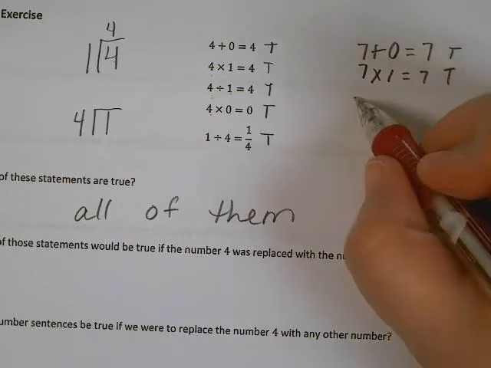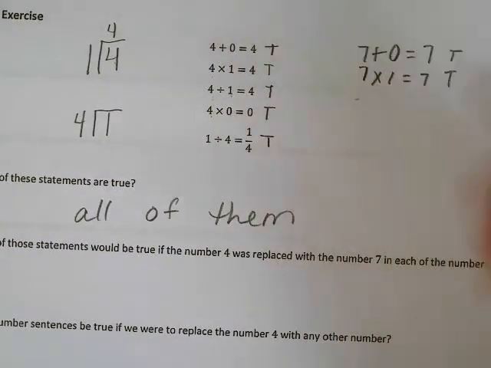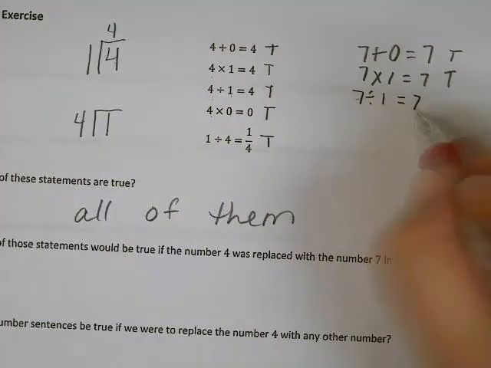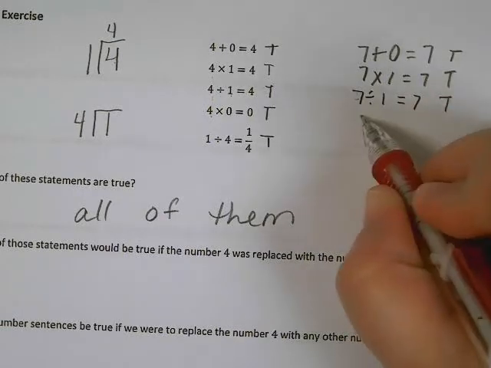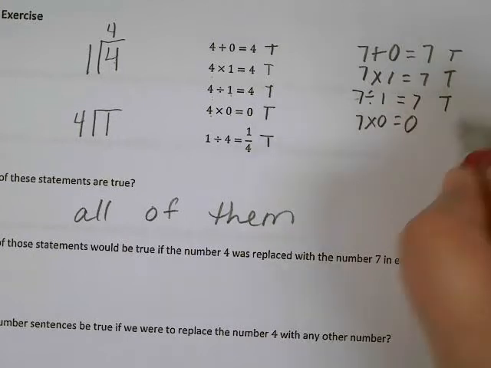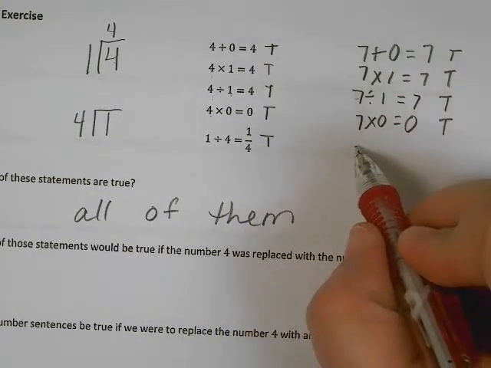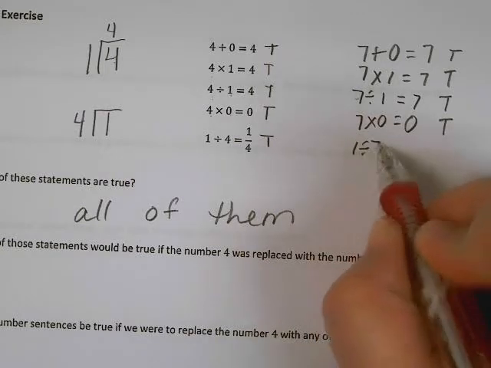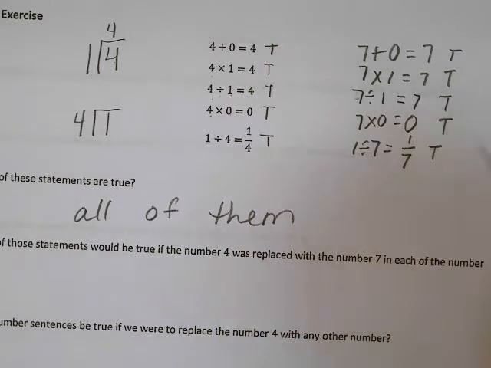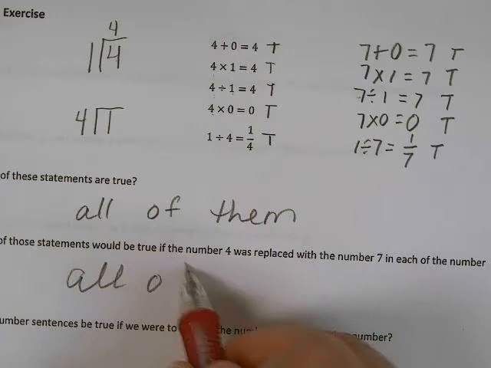Yes. 7 divided by 1, is that equal to 7? Yes. 7 times 0, that would be 0. That's true. And 1 divided by 7 would equal 1/7. That is true. So we would say, how many of them would be true? All of them.